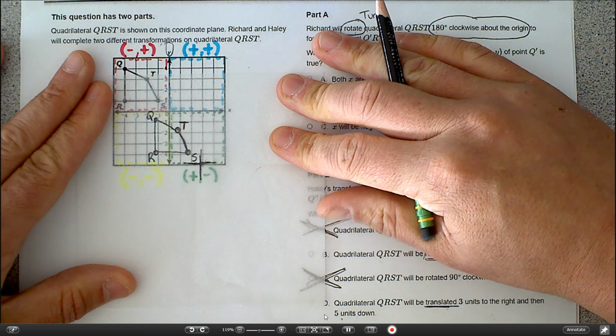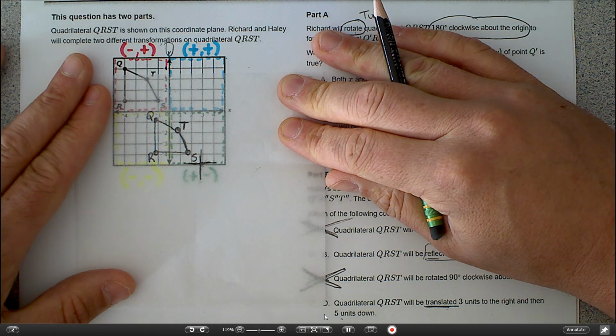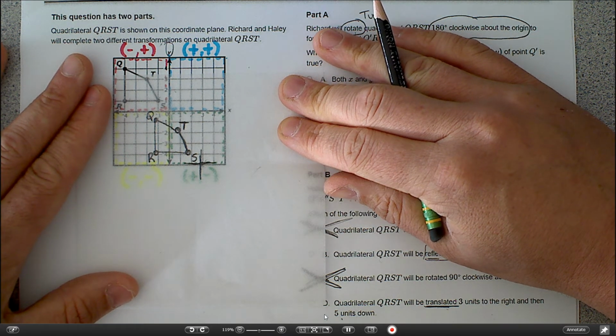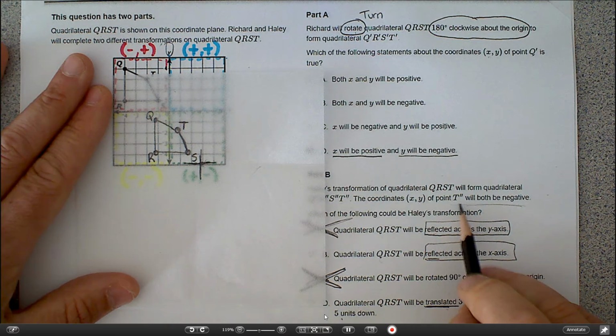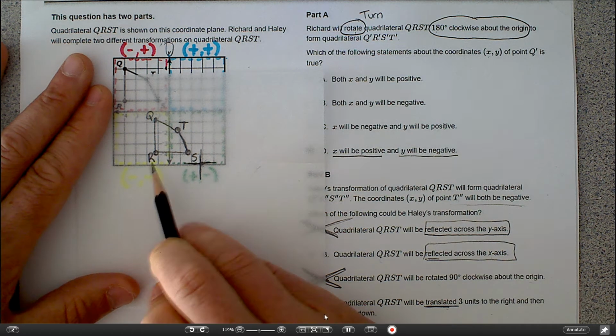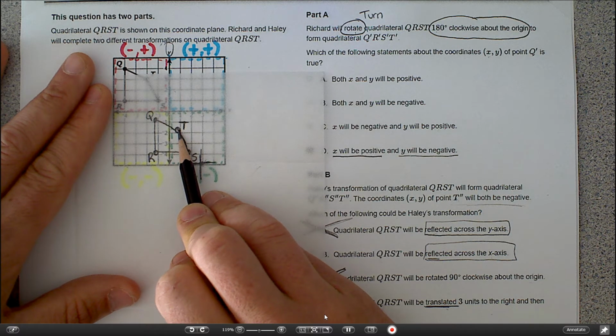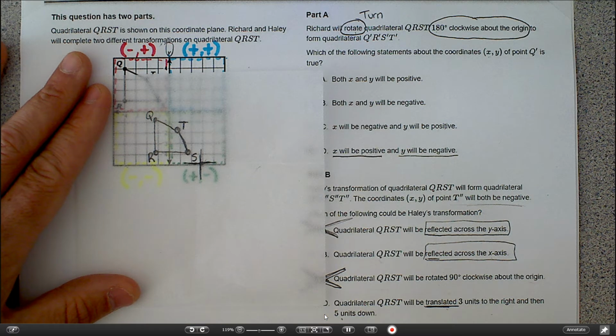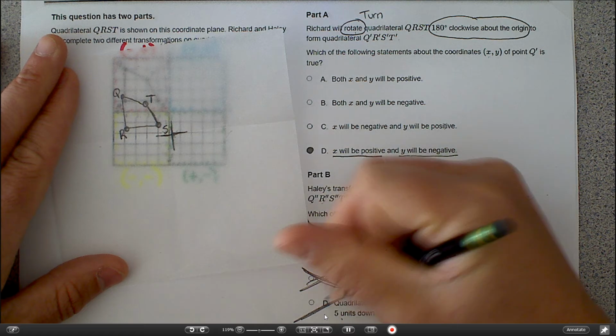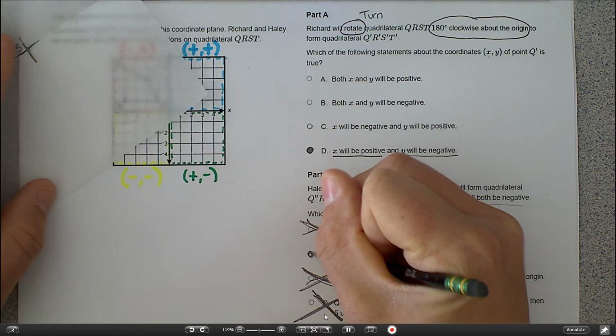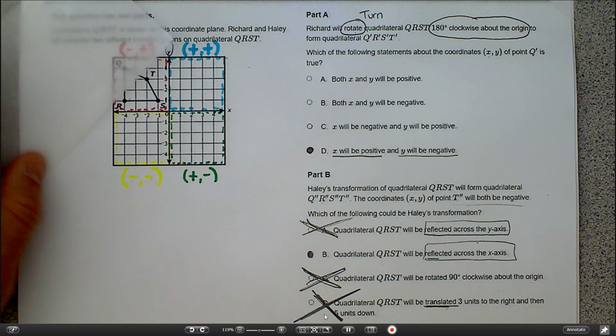There's our translation, and it looks like our shape is sort of in between yellow and green. But we wanted T double prime to be in that yellow quadrant, and it looks like T is living in that green quadrant. So close, but no cigar. D is out, which means B is our only right answer there.